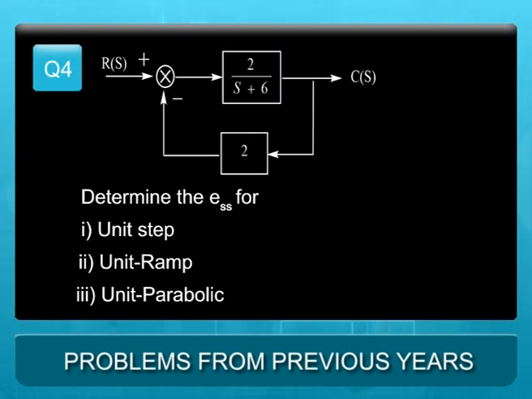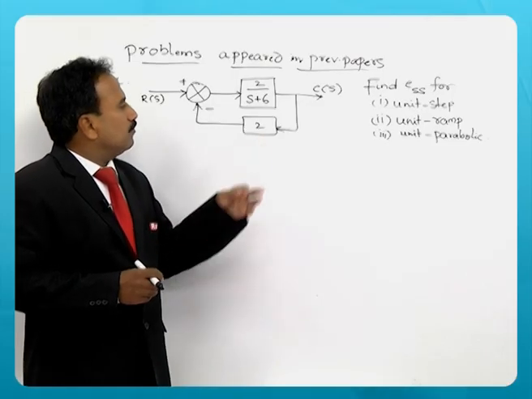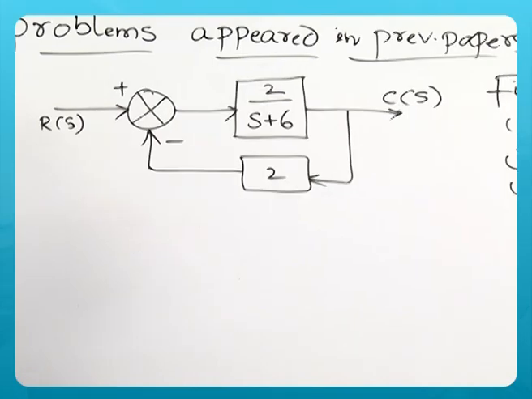Determine the steady state error for unit step, unit ramp and unit parabolic inputs for the given system described by the block diagram. Look at the block diagram here. You can see that there is a component in the feedback also.